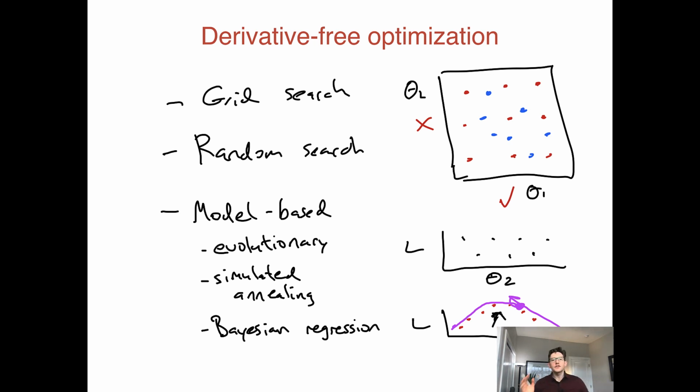But again, there's a huge literature of these methods, and just to be clear, generally optimization in this derivative-free case is much, much harder than in the gradient case, the case where we can, in fact, compute a gradient over our objective function, our log likelihood function.